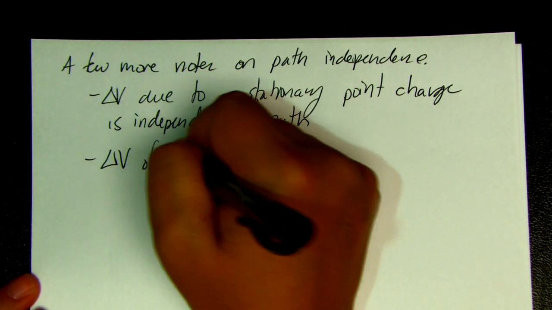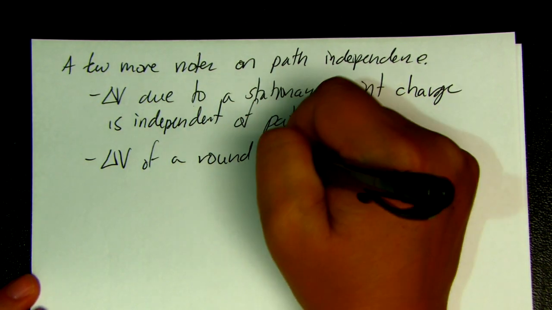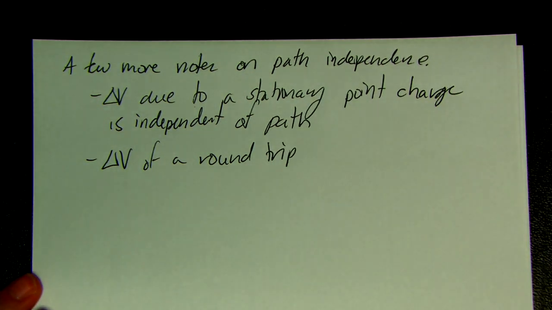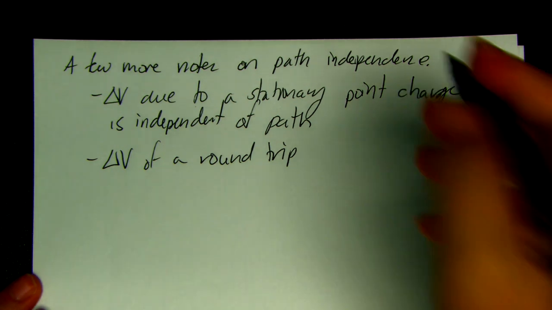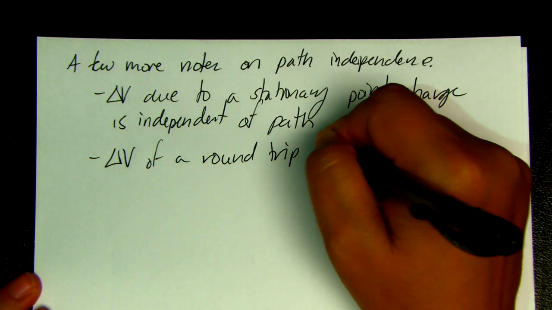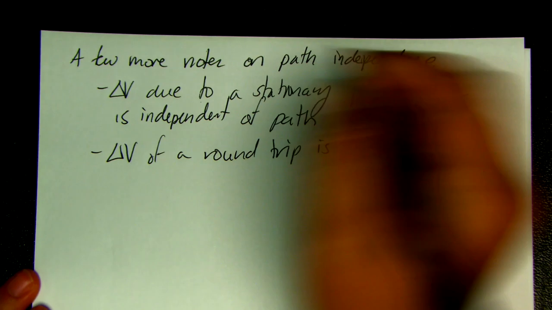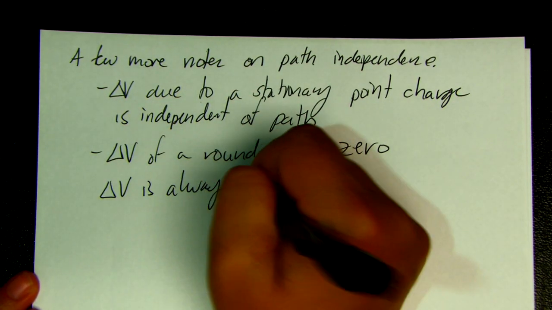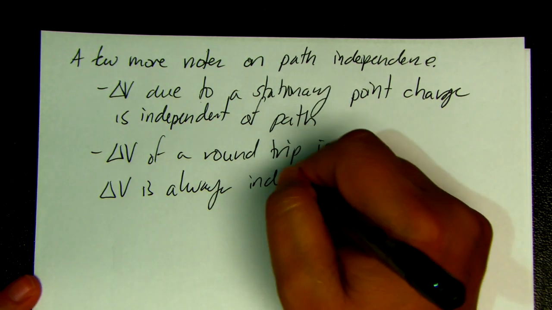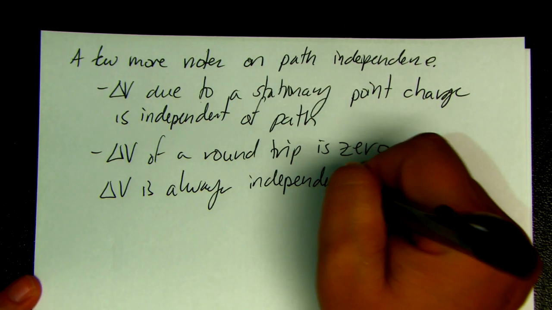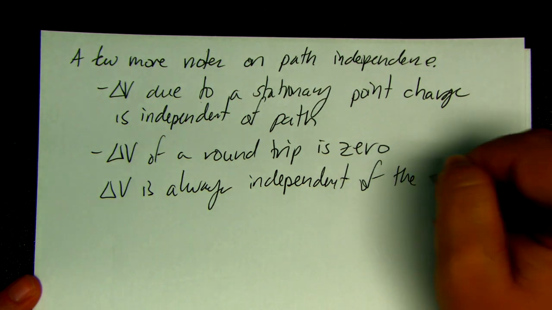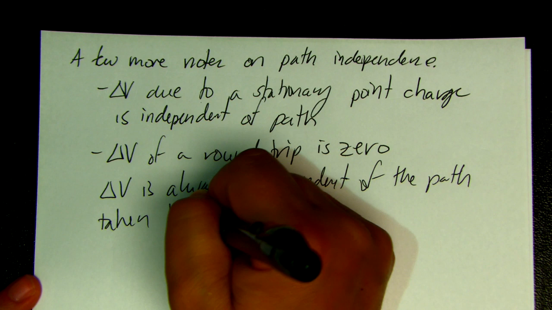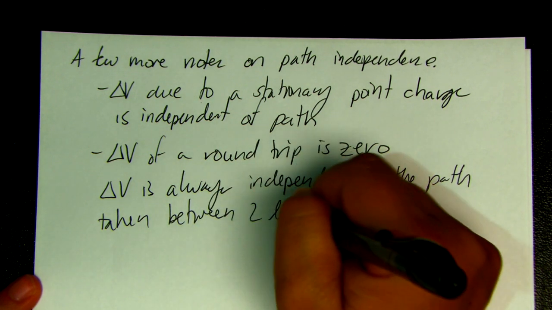Delta V of a round trip is 0. If you end where you start, you haven't really gone any distance. And delta V is always independent of the path taken between two locations.